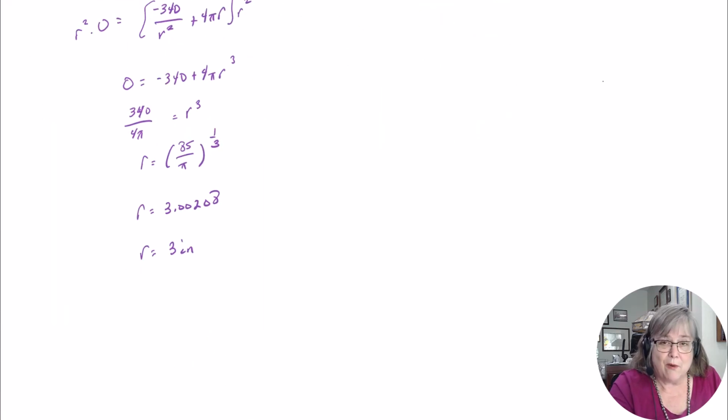So you could do it that way, or you could sit here and go, all right, it's actually 3.002, but let's just stick to this. And you'd pick a number to the left and a number to the right.